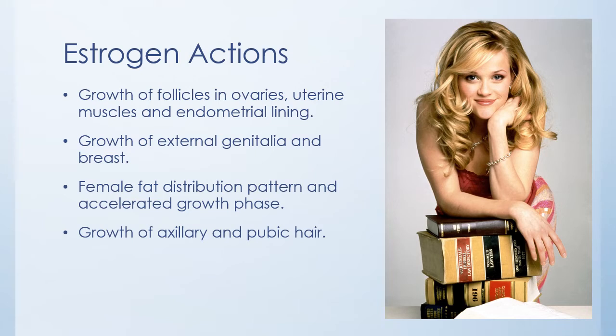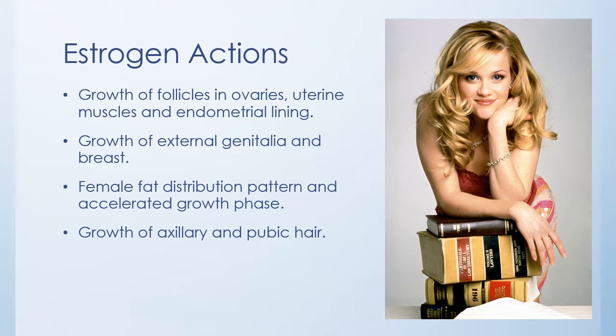Apart from the main function of estrogen, what are other functions of estrogen? We've talked about the first one: growth of follicles in the ovaries. Uterine muscles and endometrial lining, yes. Growth of external genitalia and breast, yes. The female fat distribution pattern and accelerated growth phase.